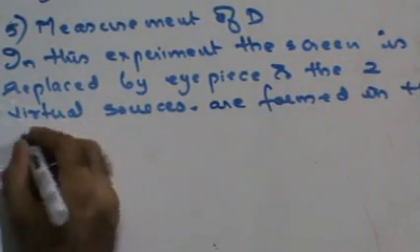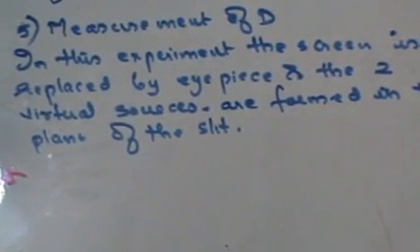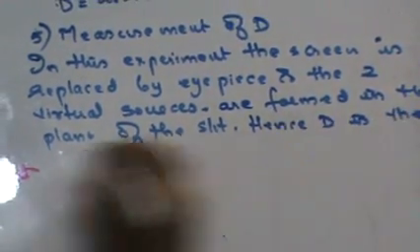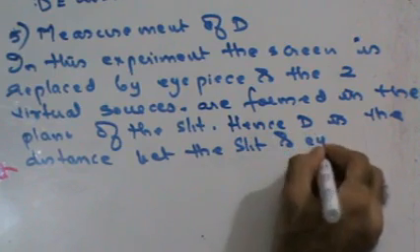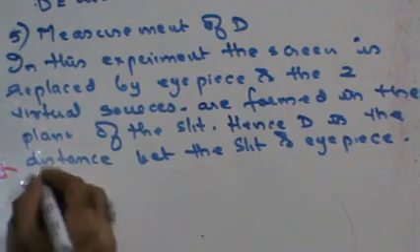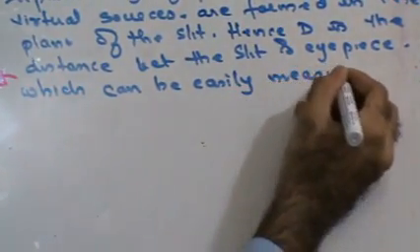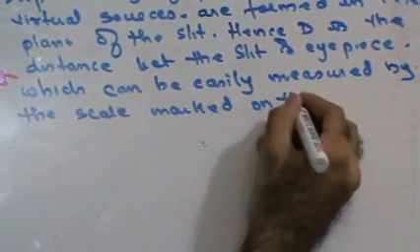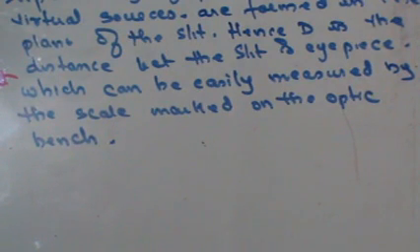Hence, D is the distance between the slit and eyepiece, which can be easily measured by the scale marked on the optic bench. That's how you would measure D in the case of the biprism experiment.